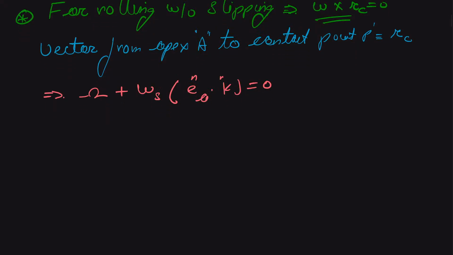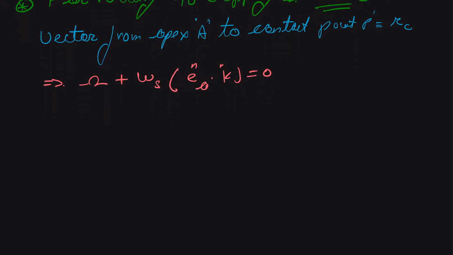And the dot product of these two unit vector, this E A and our K unit vector, will be equal to cos of pi by 2 minus alpha, or we can write this will be equal to sine of alpha.